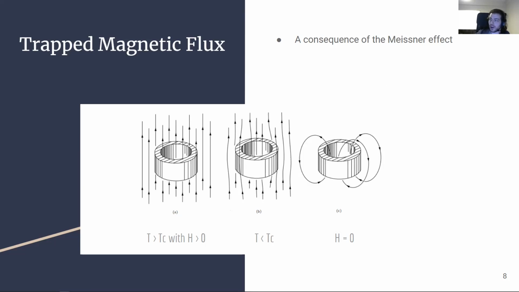So something rather odd happens if we now turn the external field down. What happens here is we observe a magnetic flux inside the hole, although we don't apply any external magnetic field. The flux inside the hole is supplied by persistent currents which are formed on the surface of the material.